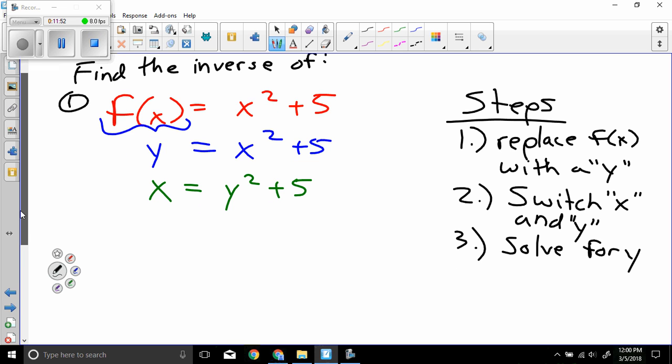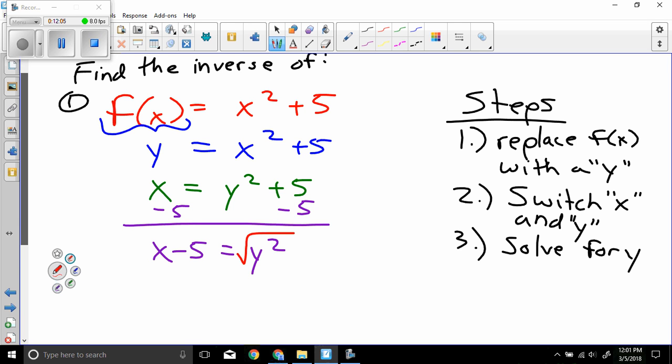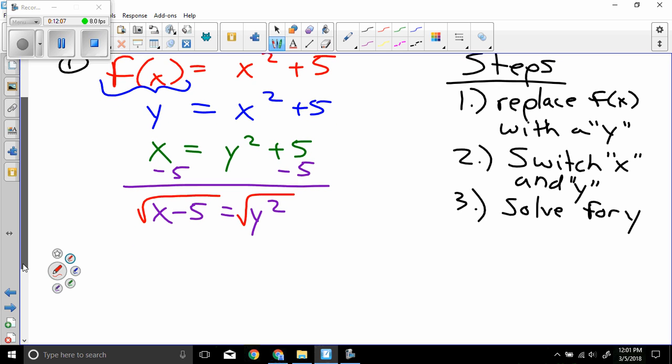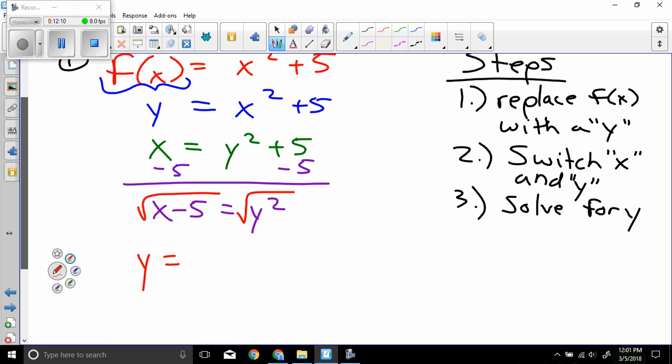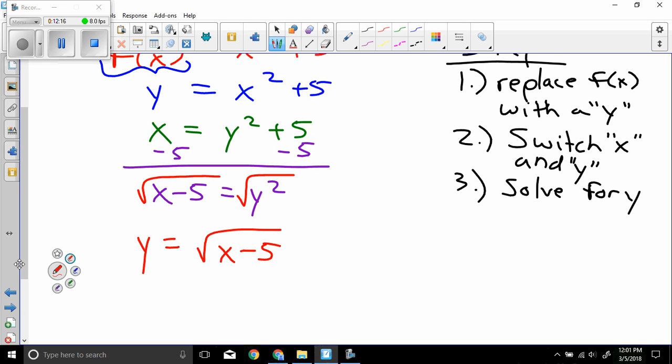Okay, to get y by itself here, I would need to subtract 5, so that's x minus 5 equals y squared. Get rid of that y squared, I would need to square root it. Then that's y equals the square root of x minus 5. Notice I have gotten the y by itself.